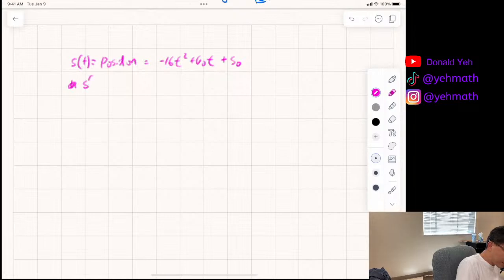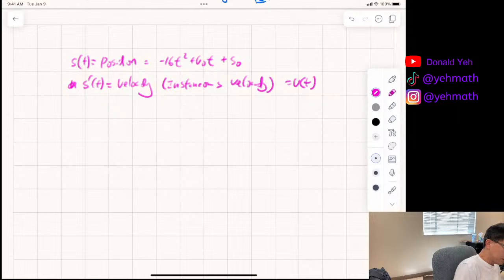If you take a derivative of position, that's going to give you velocity. And this is not any type of velocity, it's actually instantaneous velocity, so that's equal to v of t. One mistake people always made last year is confusing average velocity and instantaneous velocity.